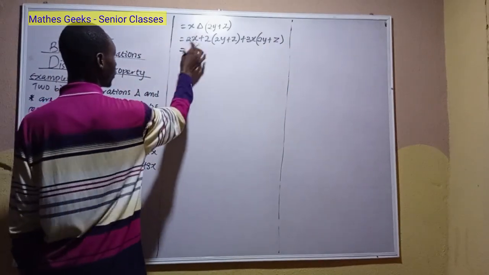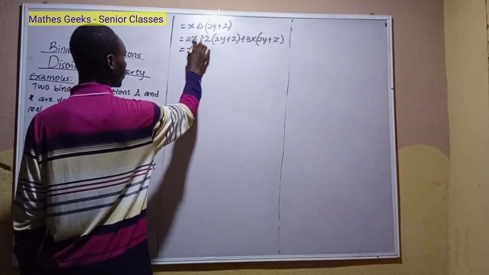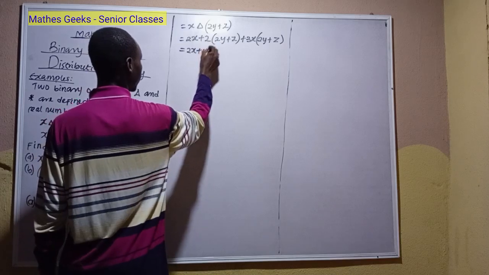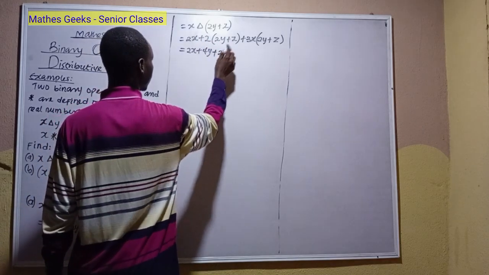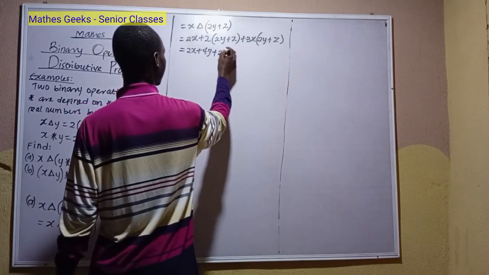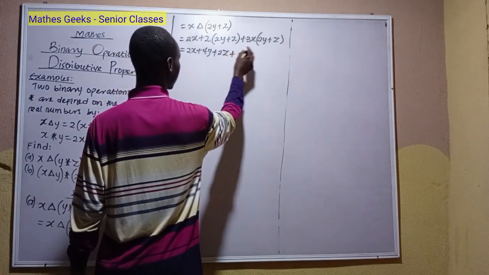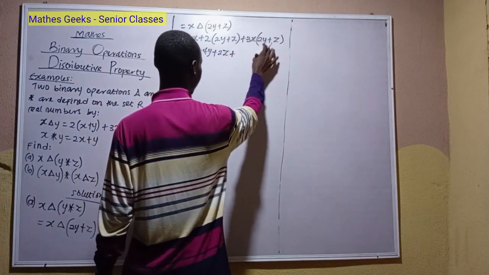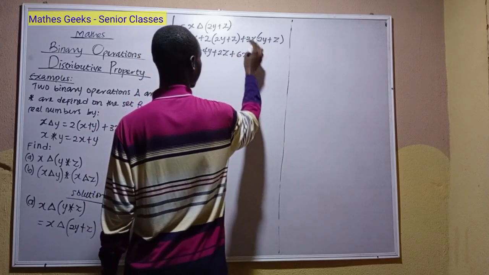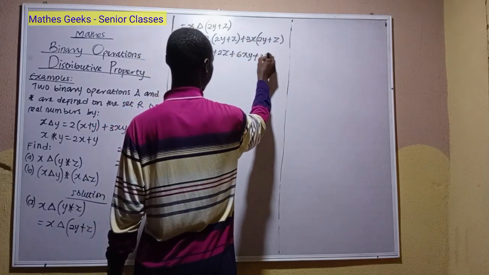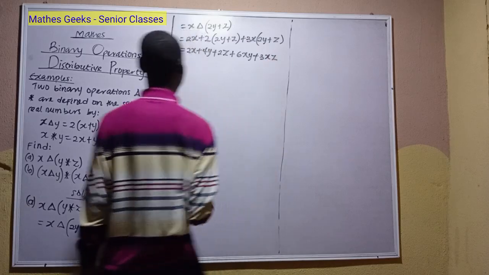Now we're going to have 2x plus 2 times 2y is 4y plus 2 times z is 2z, plus 3x times 2y gives us 6xy, plus 3x times z gives us 3xz.